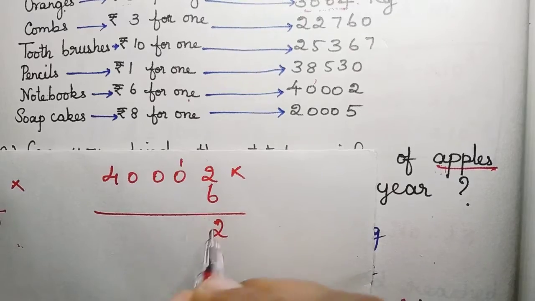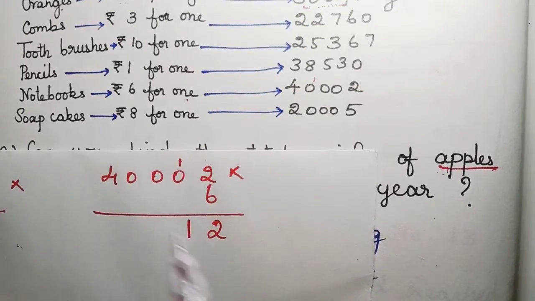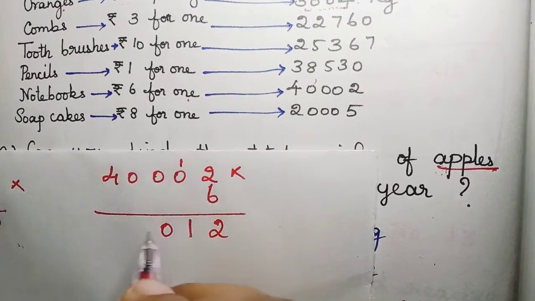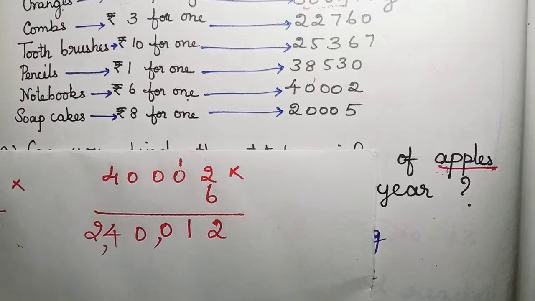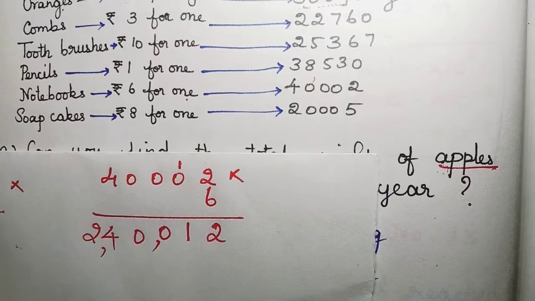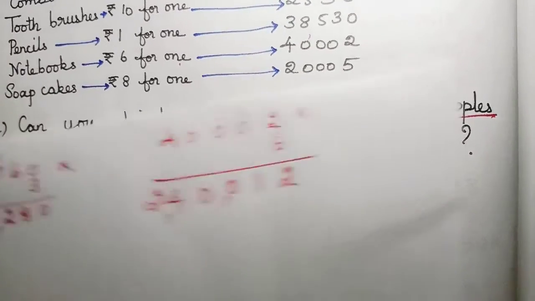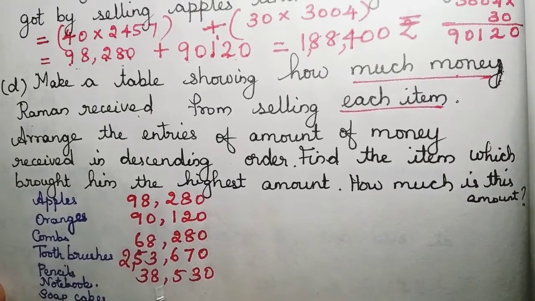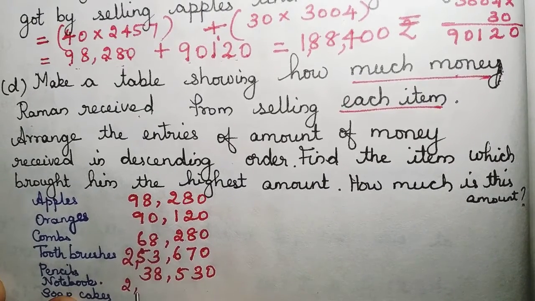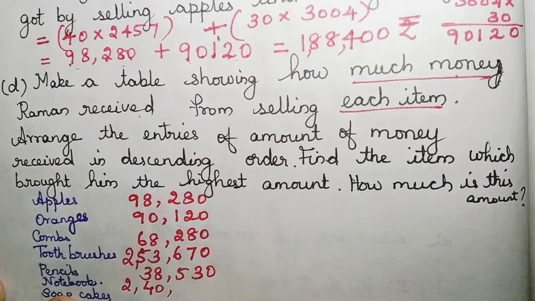It's 1. So 0 plus 1 is 1. 0 0, 4 6s are 24. Okay, so the answer is 2,40,012. We will write the answer here for notebook, 2,40,012.